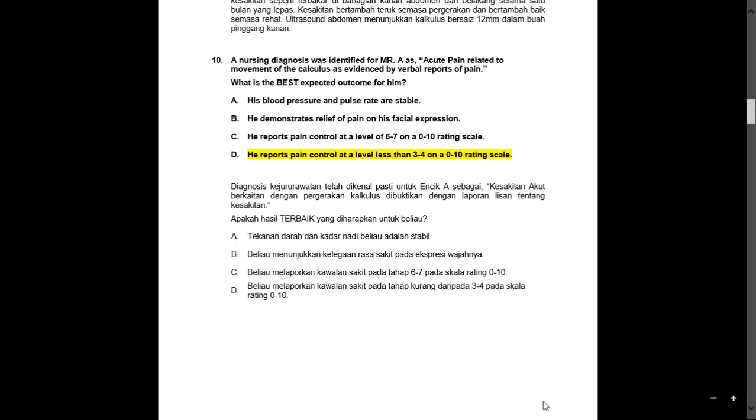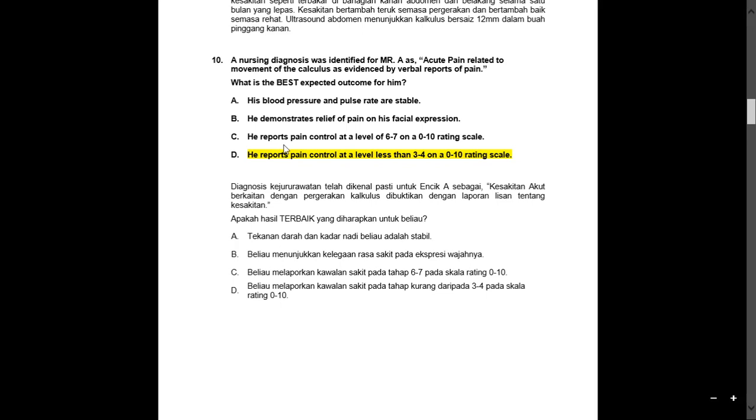Among the given answers, answer D is the correct one, because answer D is he reports pain control at a level less than 3 to 4 on a 0 to 10 rating scale. What about answer C? It says he reports pain control at a level of 6 to 7 on a 0 to 10 rating scale.